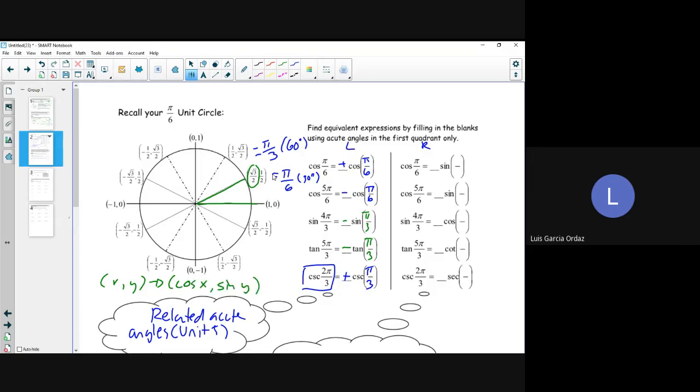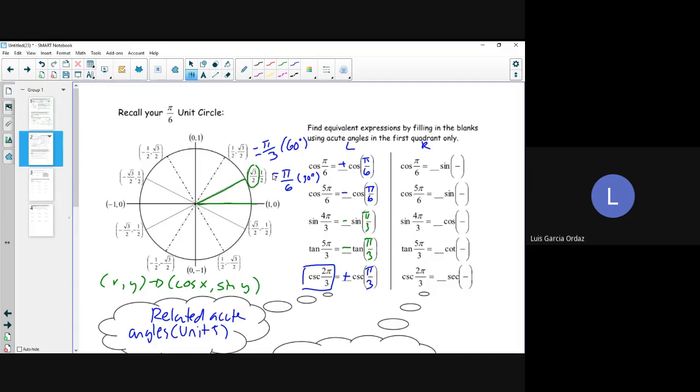Cos x, sine y. Okay? So if this is 30 degrees over here, we need to figure out what sine ratio also gives us root 3 over 2.